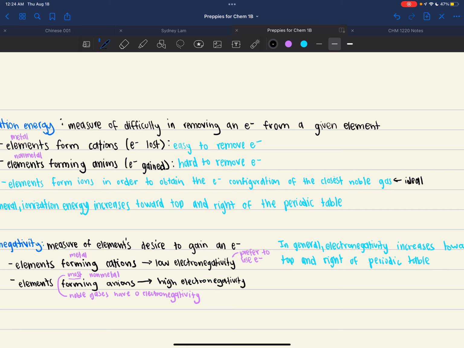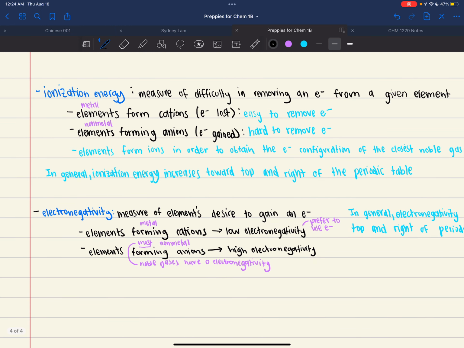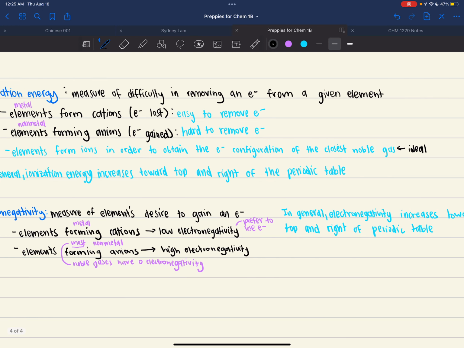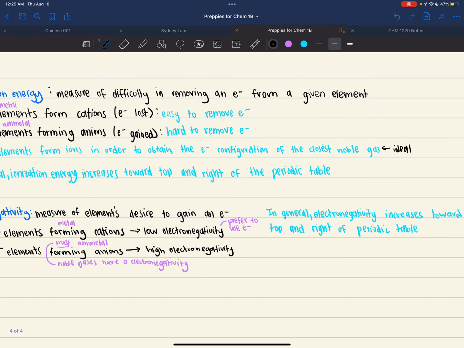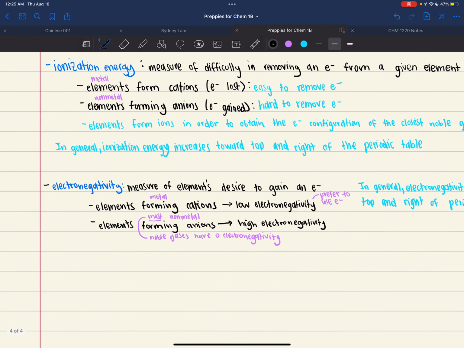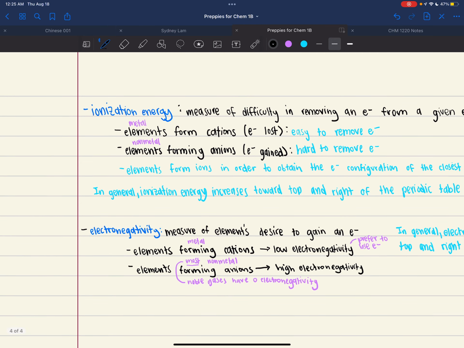So if they have a very high desire to gain an electron, like electronegativity, that would also result in a very high measure of difficulty in removing an electron, because they don't want to remove an electron, they have the desire to gain one.